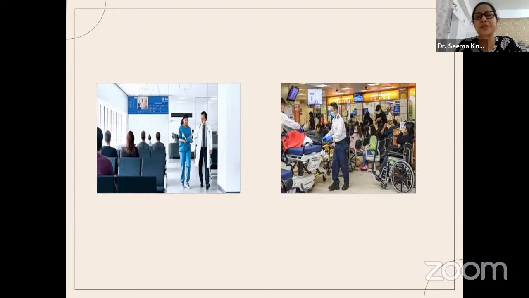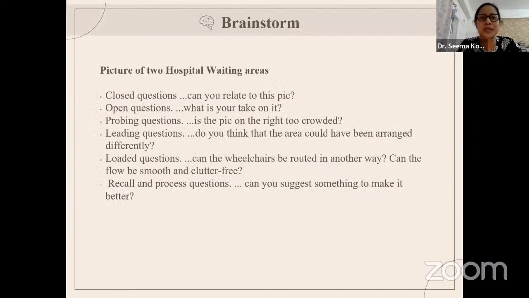So when we use Socratic questioning, the question is which way we use the questioning part of it. If we go for closed questions, we would be asking, can you relate to this picture? Any one of you, can you relate to this picture?